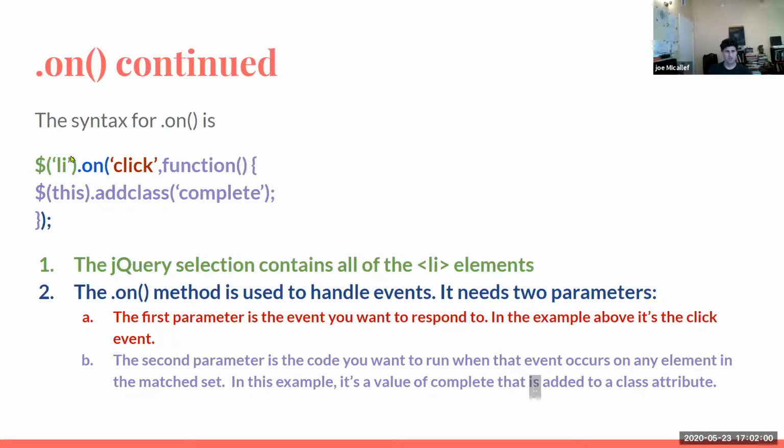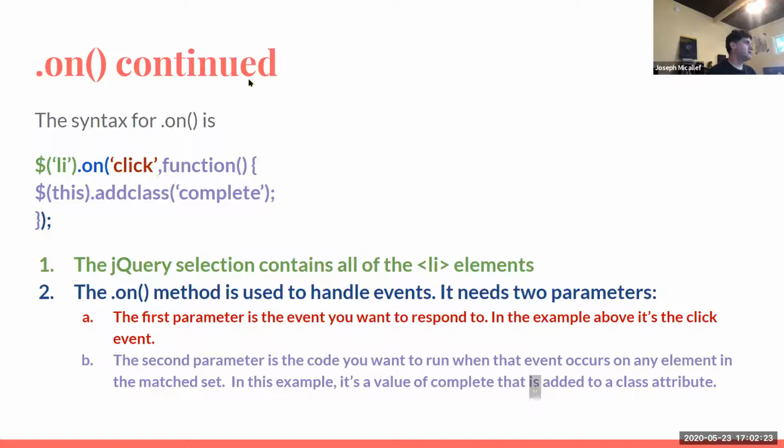Looking for a list element, and here on click, for any list element, you can add something. So basically what this would do is allow you to click on, let's say, a list item. You click on that list item, and then it can change the list item by changing the CSS.